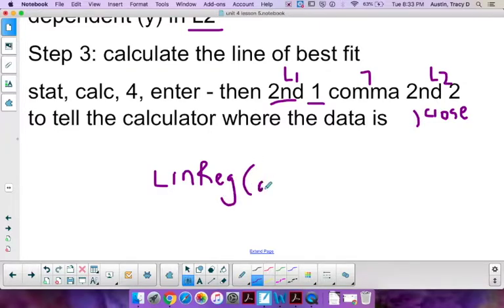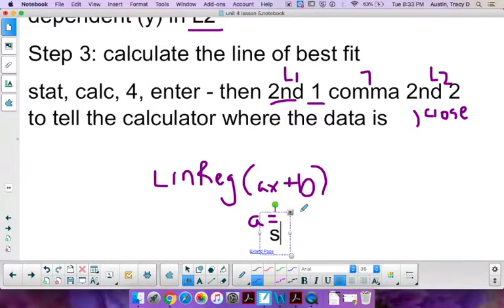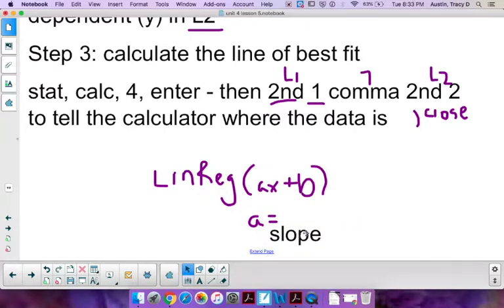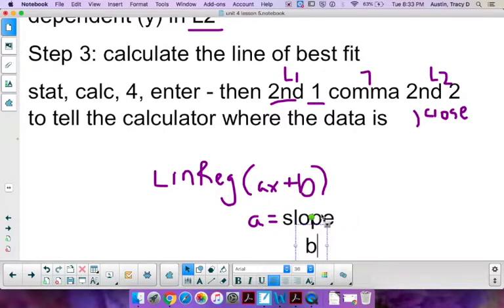It says AX plus B, right? Well, AX plus B, that's like MX plus B. It's basically the slope-intercept form. Okay, so that means that when it gives you that data, A is going to be your slope, and B is going to equal your y-intercept.